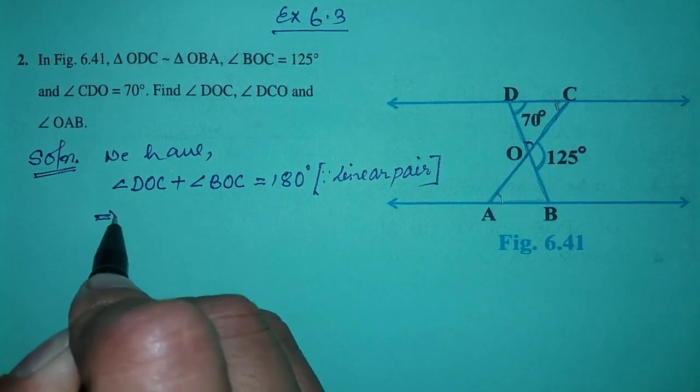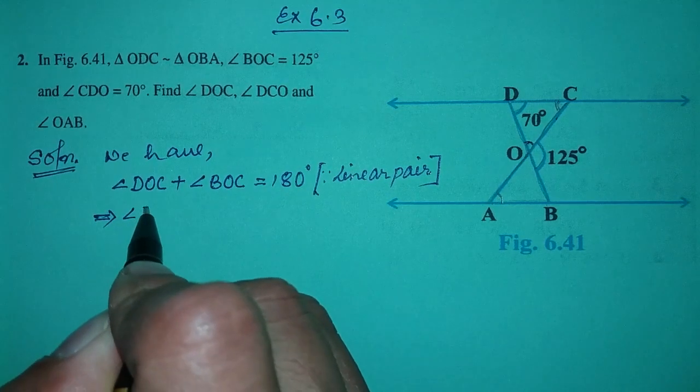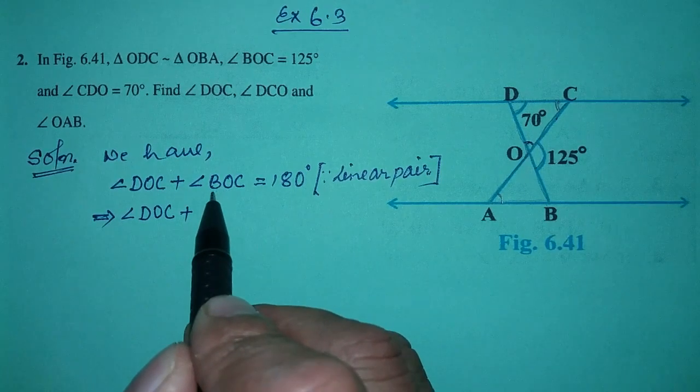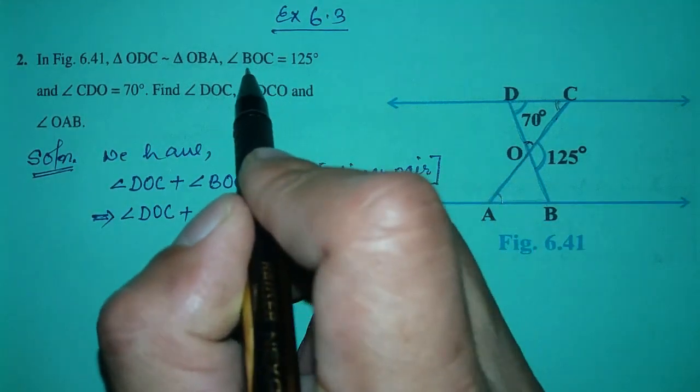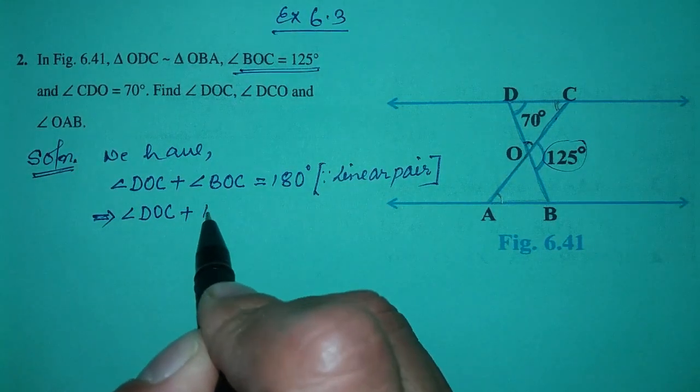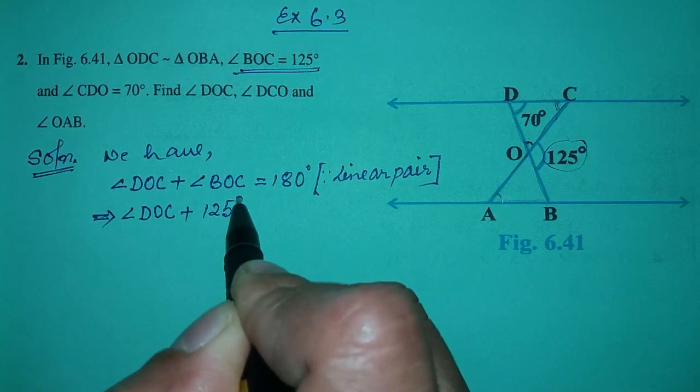Now angle DOC plus angle BOC. This angle BOC is given here as 125 degrees.